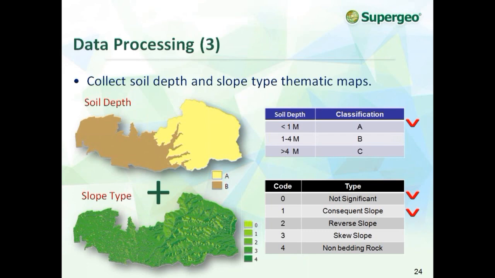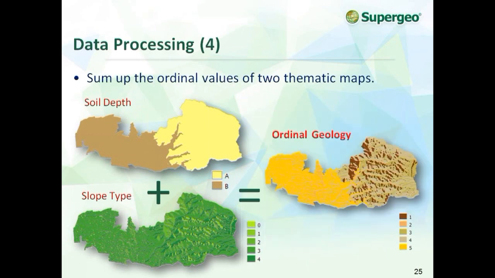Of course, we prefer the consequent slope, which is not steep, in a non-bearing rock region. Okay. So I spatial join the two thematic maps. I combine the two data layers to get a new value to represent today's ordinal geology map.